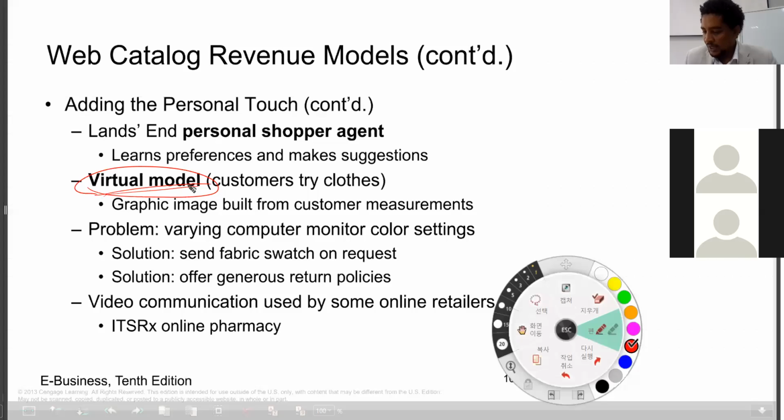And the problem is varying computer monitors. Back then, this graphics work required high processing power, so the color settings had to be adjusted. The solution is to send fabric swatches on request, or offer generous return policies.